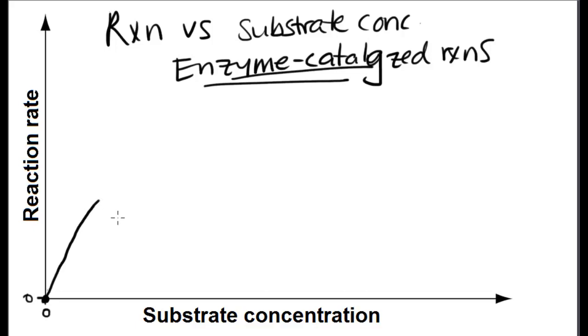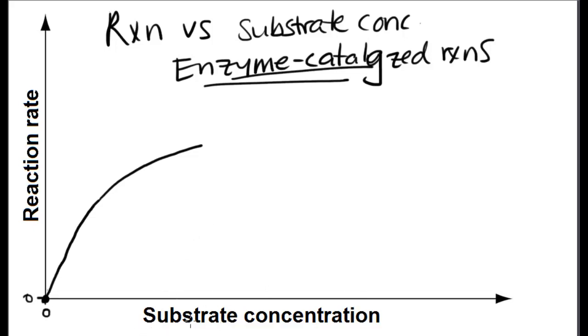But then something is going to happen. Sometimes when an enzyme encounters a new substrate at these slightly higher concentrations, it'll already be working on another substrate. So as we increase substrate concentration, the reaction rate isn't going to increase as fast. Until finally, every single enzyme is working as hard as it can.